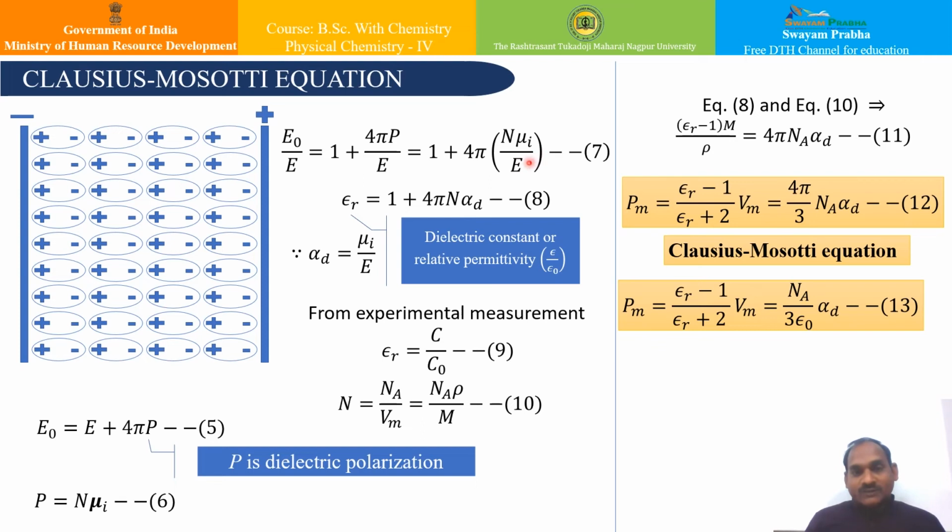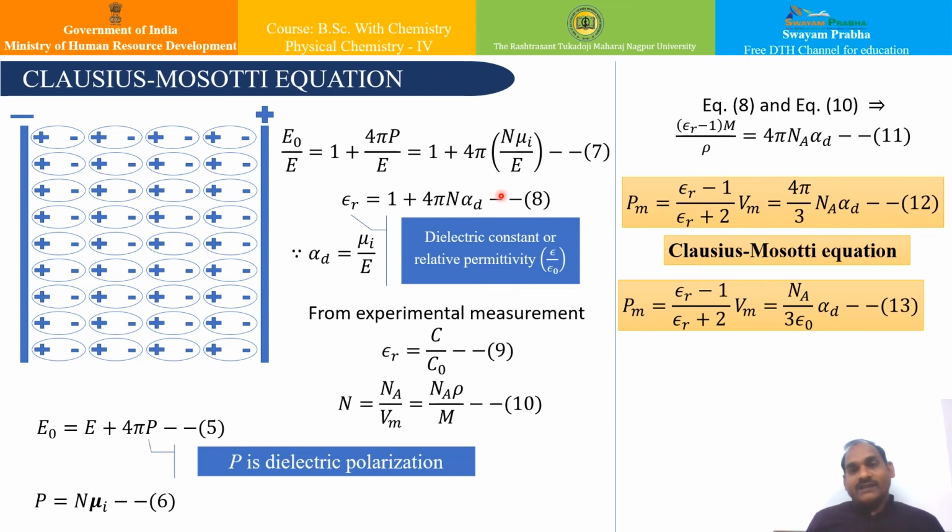And from this expression I can write epsilon r equal to 1 plus 4 pi N into alpha D. This is the dielectric constant or relative permittivity, epsilon r, and alpha D is equal to mu I upon E. So instead of mu I upon E, I am substituting alpha D, that is the distortion polarizability, and therefore I get this equation 8.